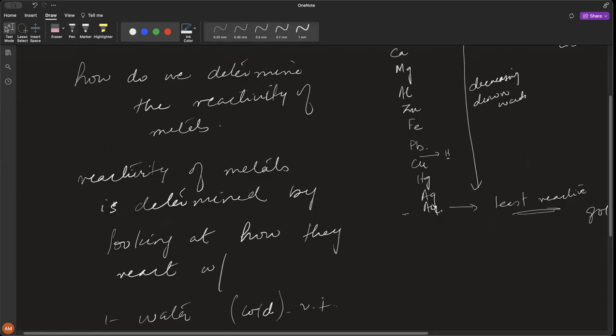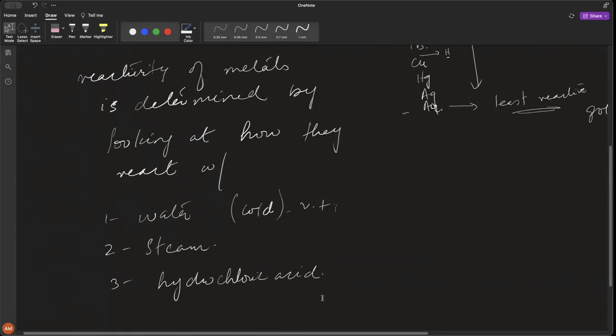They saw that a few of them do not react with water, so they said those are not that reactive. The ones reacting with water at room temperature are more reactive, and the ones that are not reacting at room temperature, or reacting very slowly, not vigorously or violently, are less reactive.